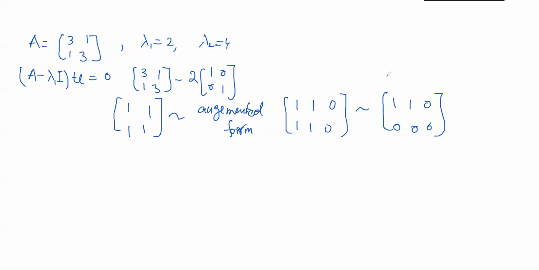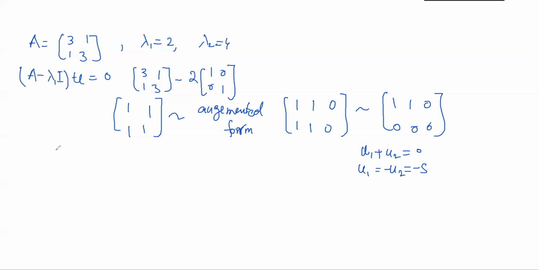So if we take the variables as u1, u2, from the second equation we get nothing. So from the first equation, we get u1 plus u2 is equal to 0. So u1 is equal to minus u2. Or if we take u2 as equal to s, so u1 will be equal to minus s.